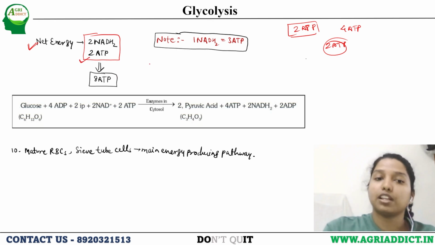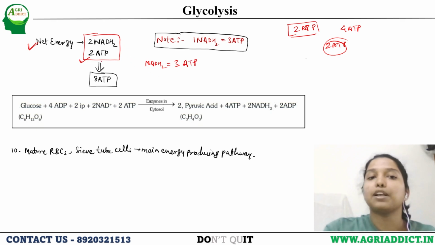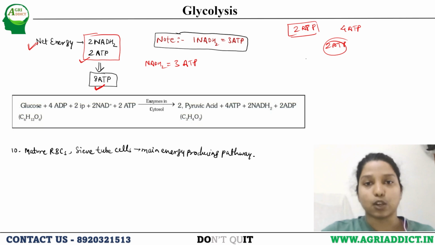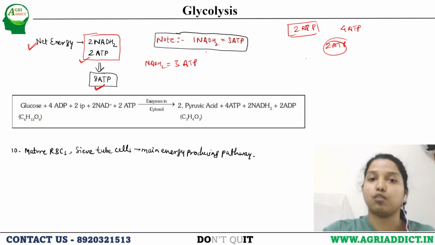If we calculate, because NADH2 is equal to 3 ATP, 2 into 3 would be 6, plus 2, 8 ATP is the net energy which will be formed from 1 glucose in glycolysis. Here I have written 1 NADH2 is equal to 3 ATP.